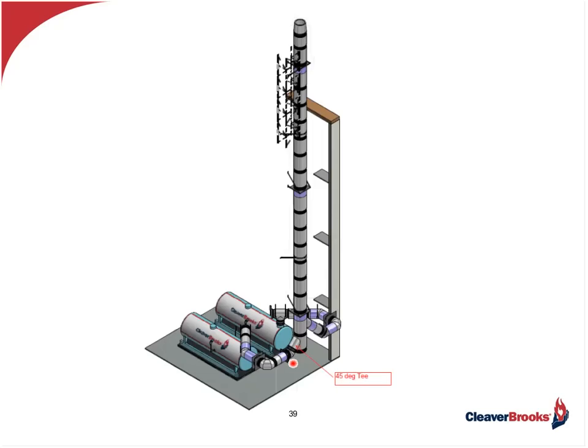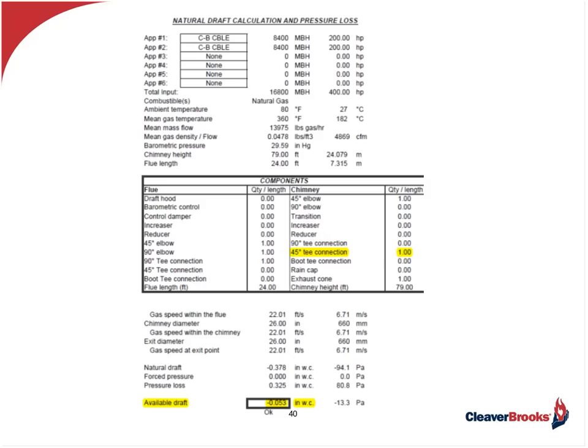Running a new calculation based on that, you'll notice that we've taken out the 90-degree T connection and replaced it with a 45-degree connection, and the resulting draft calculation shows us a negative 0.053 inches water column, which is what we're looking for, and our draft calculation says okay. So that was all we needed to do on this particular application, and we came up with a solution to that problem.